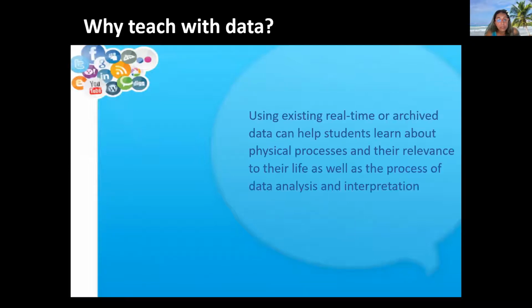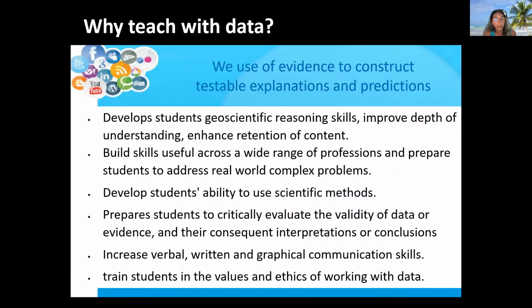There's lots of reasons to teach with data. Most importantly, using existing real-time or archived data can help students learn about physical processes that are relevant to their life. And also, as I said, provide them with this tool set to be able to analyze and interpret data, which is a useful skill.